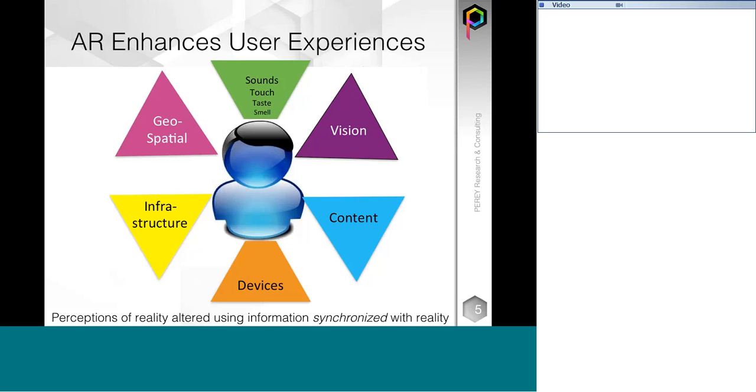To connect the content and the devices and all of these contextual sensors, we use infrastructure. Network communications, databases, special algorithms to process or to interpret the context. And together, when these are all combined, the user's perception of reality is altered with this digital information that's overlaid or synchronized in the physical world.